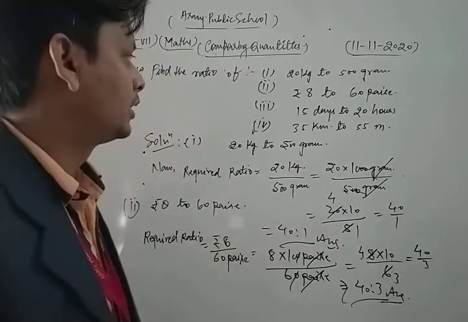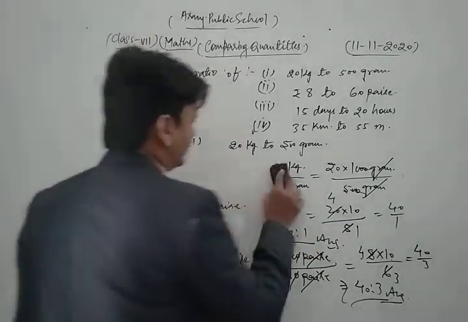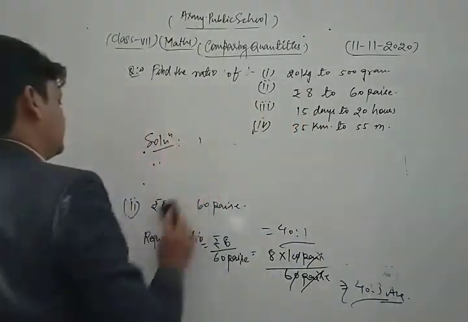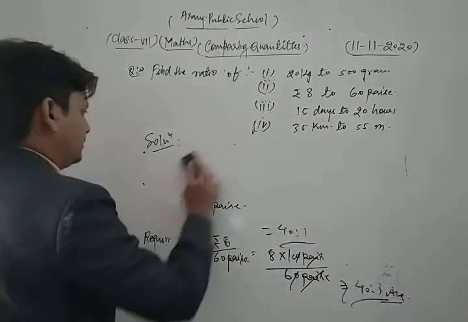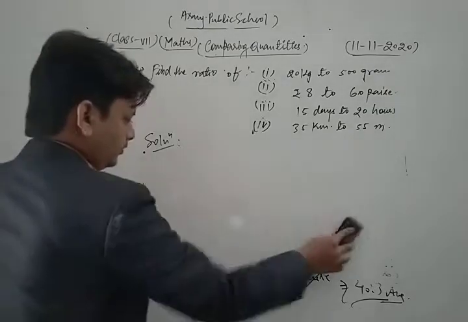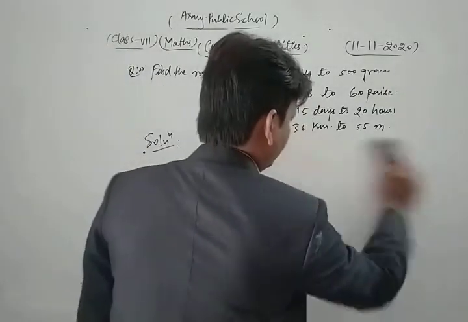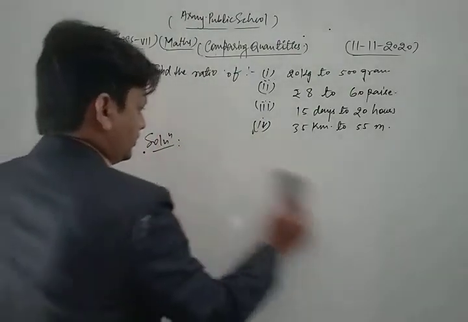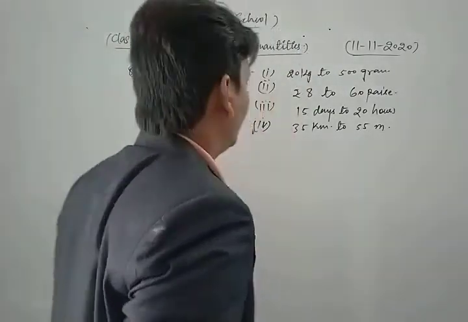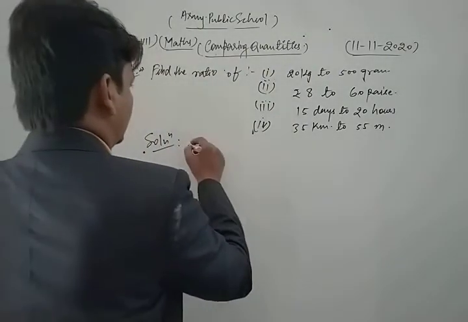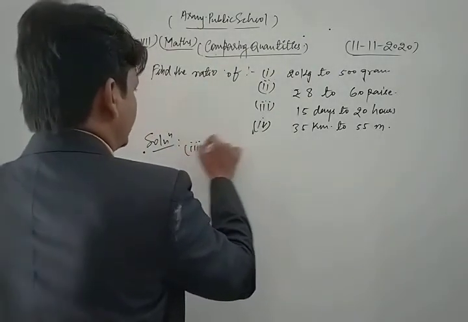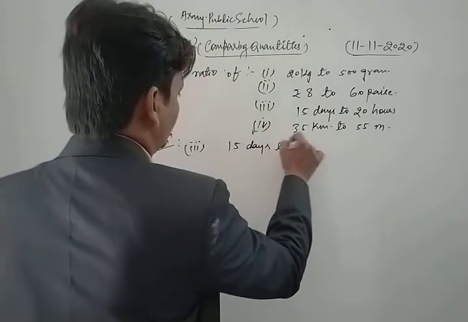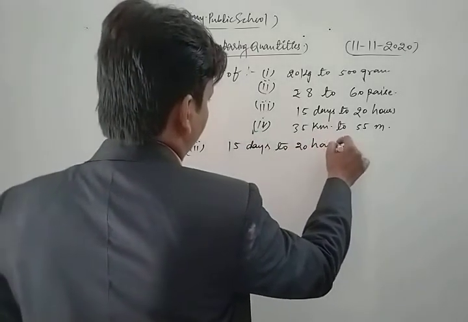Similarly, we take and solve the third part of this question. Here we find the ratio of 15 days to 20 hours.